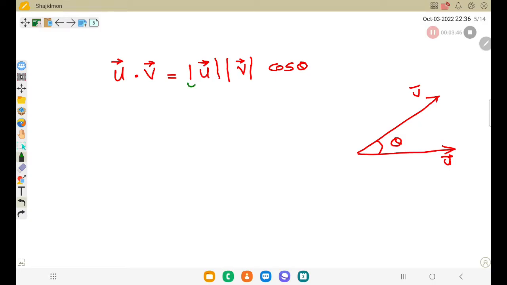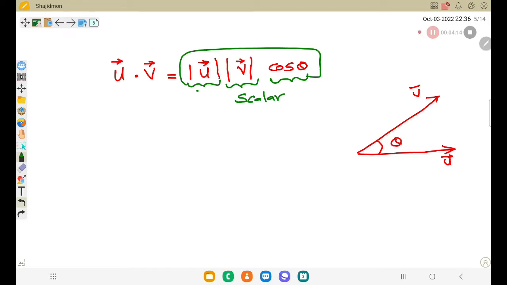Now the magnitude of u is always a number, a scalar quantity, correct? The magnitude of v, also its length, is a scalar quantity, a number. Cos theta, also cos 40, cos 60, when you enter it in the calculator, is also a scalar quantity, a number. So when we calculate u dot v, we always get a scalar quantity as the answer, one number as the answer.